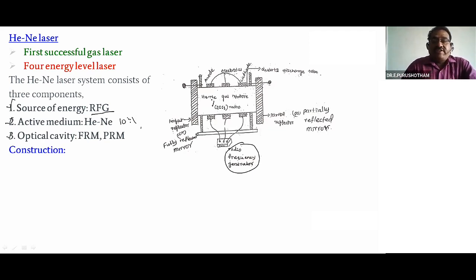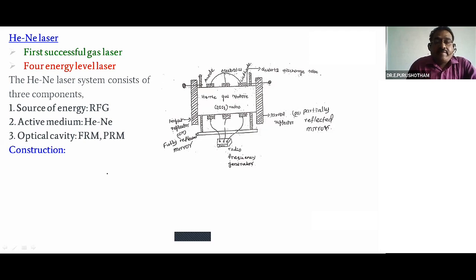For the optical cavity, on the left side this is the fully reflected mirror, and this is the partially reflected mirror. The fully reflected mirror and partially reflected mirror behave as the optical cavity.